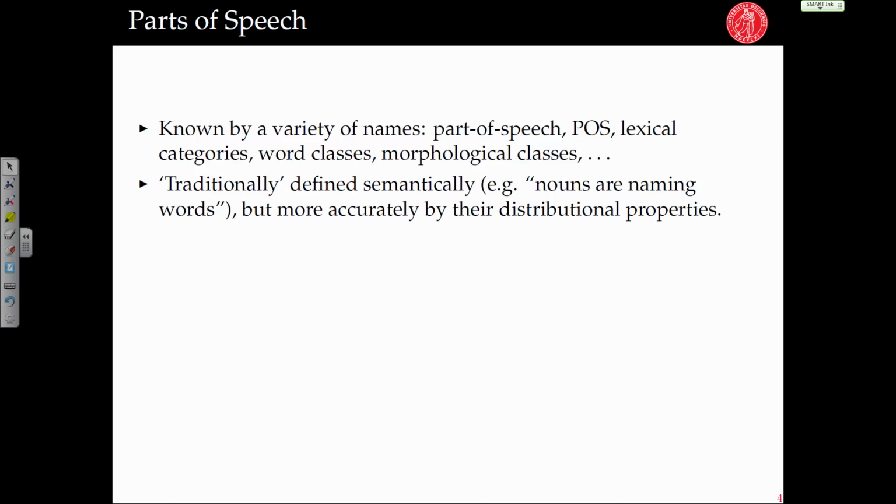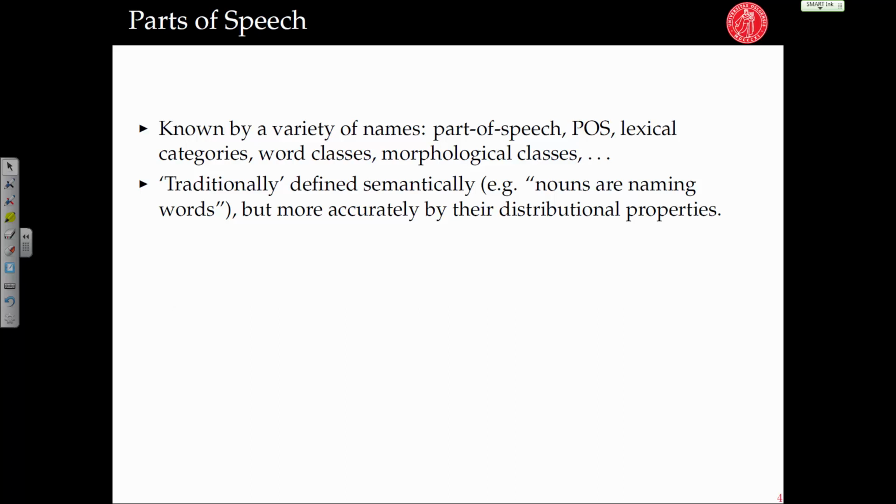So nouns in general, from a point of view of semantics, have some kind of semantic coherence. So they tend to denote a person, a thing, a place, an institution, etc. So that's from the semantics point of view. But also nouns, verbs, etc., these different types of word classes, they exhibit similar behaviors in terms of syntax and morphology. So what do we mean by that?